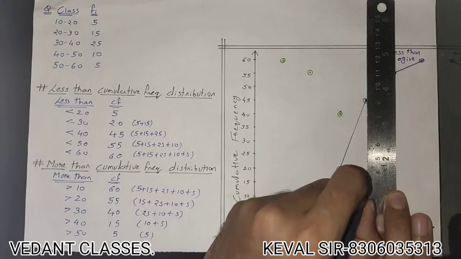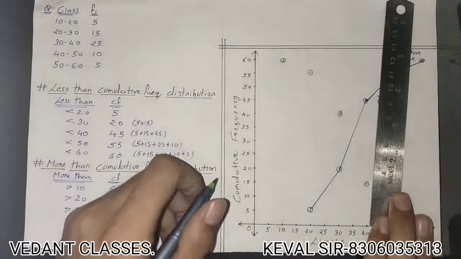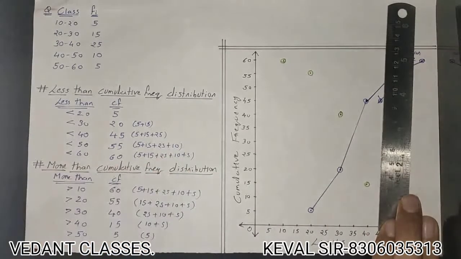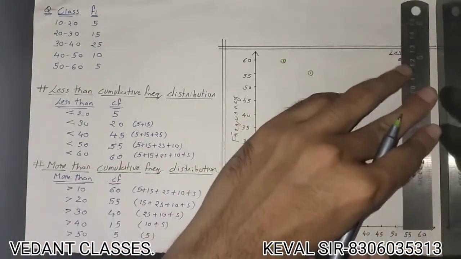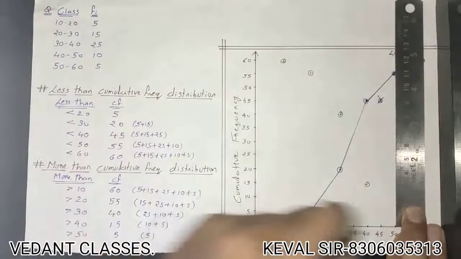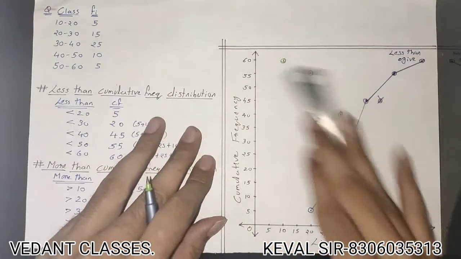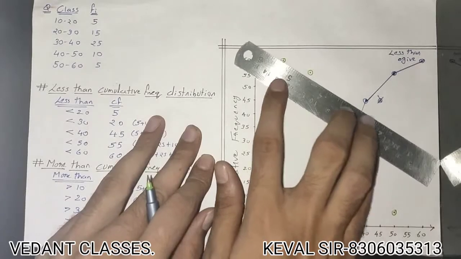It will be over here. Then for the last one, for the 50 it is 5. It will be here. Now join all these points to get the more than ogive.